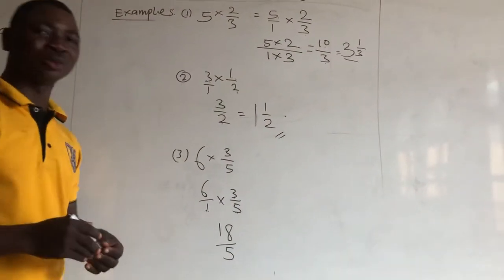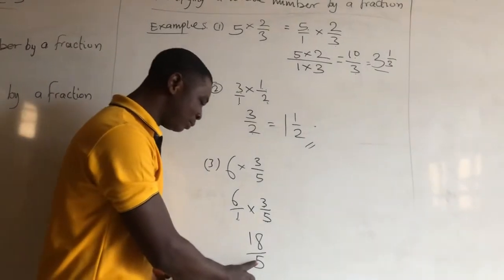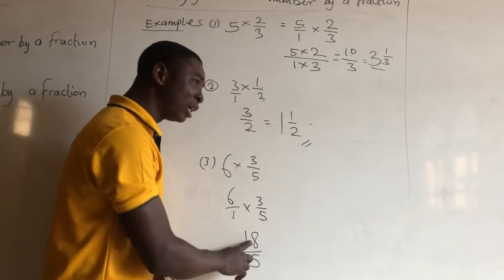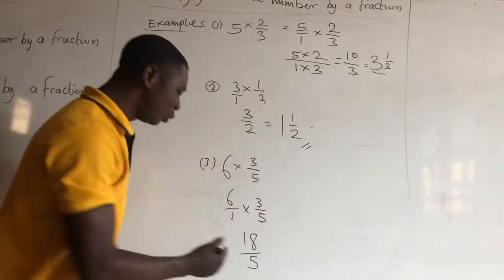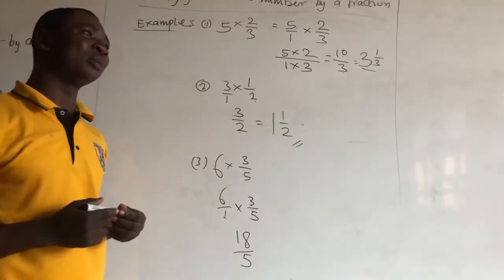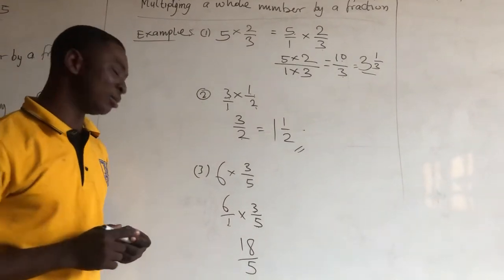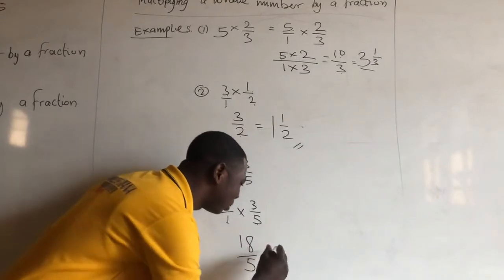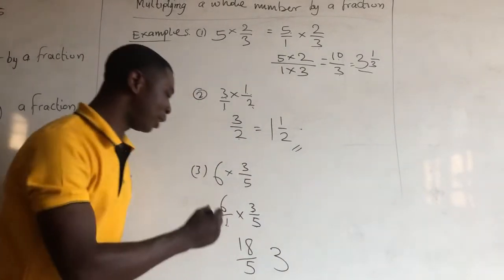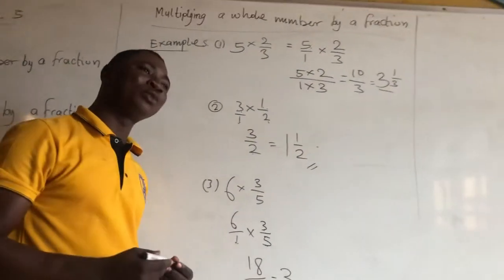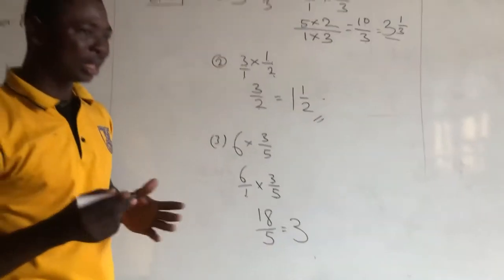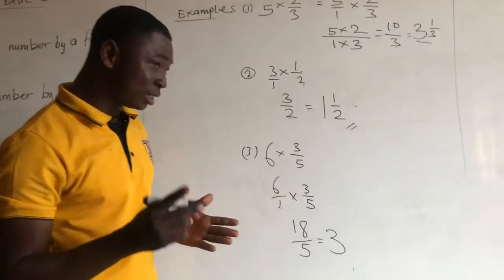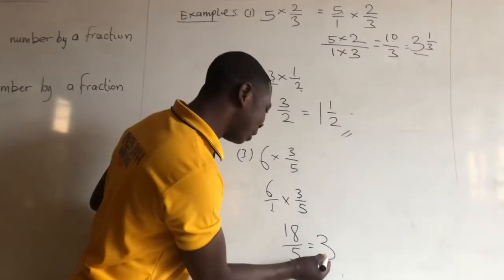So what should we do? We have to make sure that we use the denominator to divide the numerator we are having. So how many times will 5 go into 18? Start by counting. 5 will go inside 3 times. 5 times 1 is 5, 5 times 2 is 10, 5 times 3 is 15.